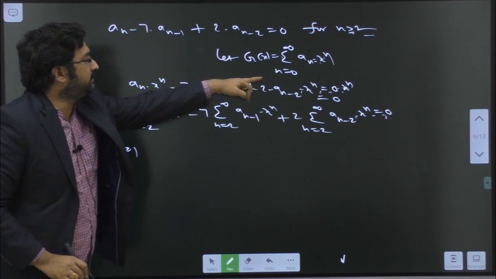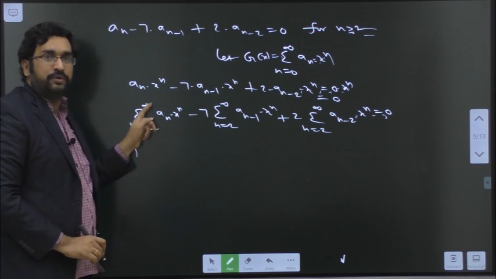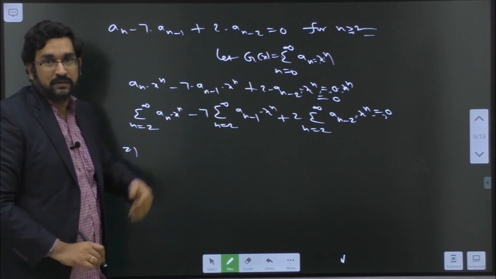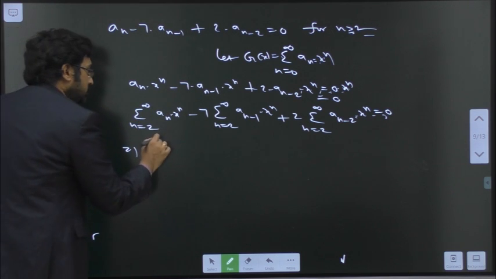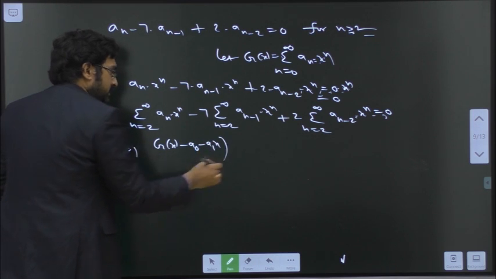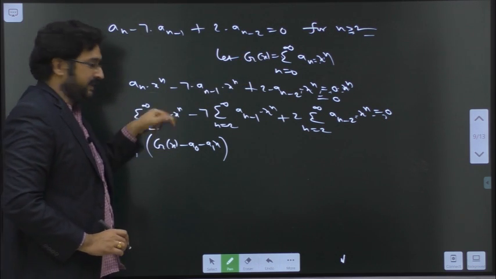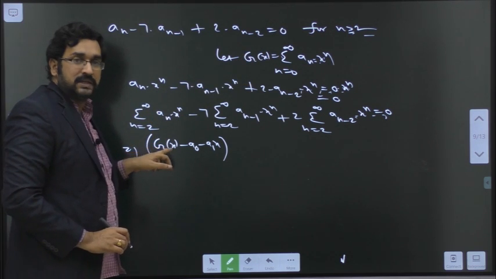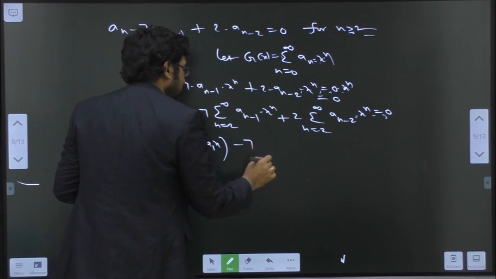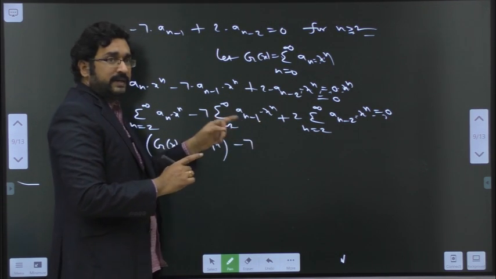Here we know that g of x means sigma n equal to 0 to infinity. Here the summation is starting from 2 to infinity. That means from g of x we should remove the first two terms. So it can be written as g of x minus a naught minus a1x. So from g of x, if we remove the first two terms, that will be equivalent to this one. So we can write like this: g of x minus a naught minus a1x minus 7 into, here n equal to 2, here it is 1, 2 minus 1, 1.